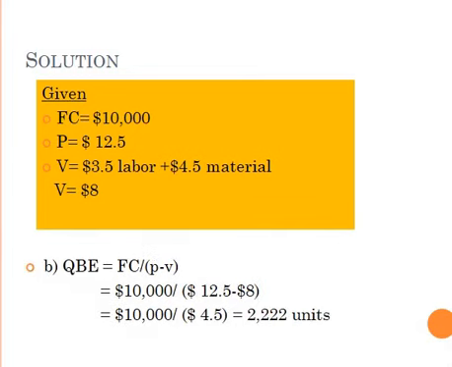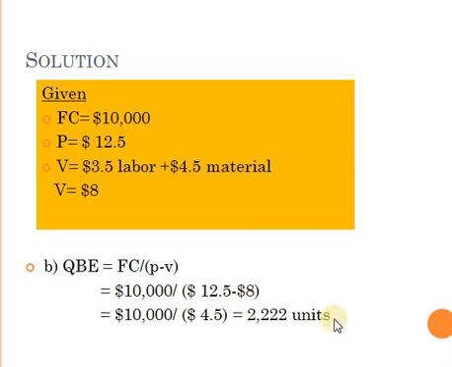Now part B, I need to get the break-even quantity in terms of units, not in terms of dollars. So the given is still the same. I will put it into the equation related to fixed cost over P minus V. The fixed cost is $10,000, over P, which is the selling price of $12.5, minus the variable cost per unit, which is $8.